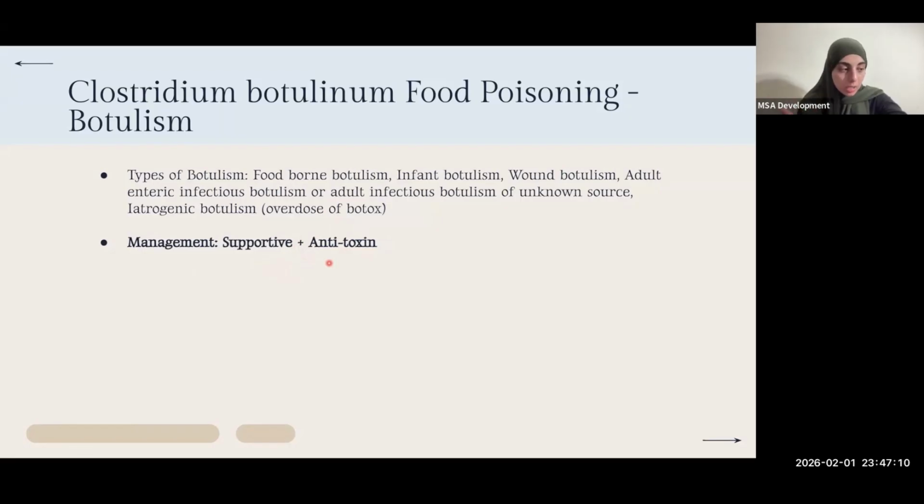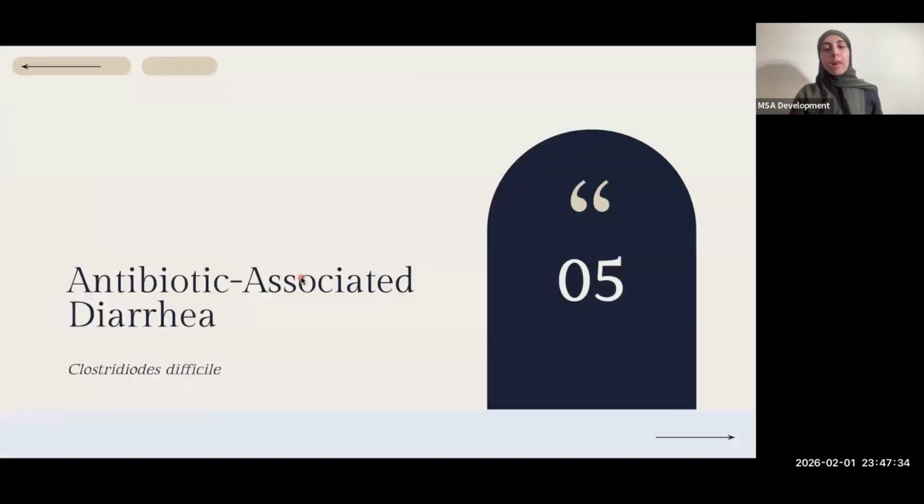What the antitoxin can do is prevent the progression into a more severe disease. It just stops it at that point. It does not reverse. Okay, what happened happened. It just prevents the progression, and you wait until the body gets rid of the toxin itself. Okay, so the key is supportive.